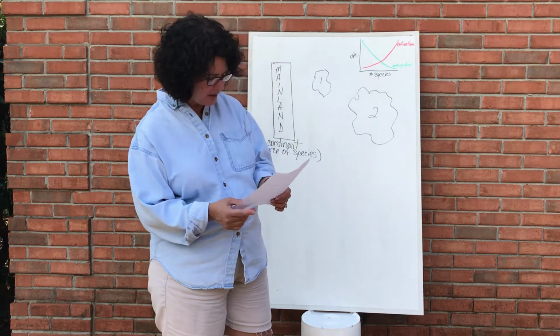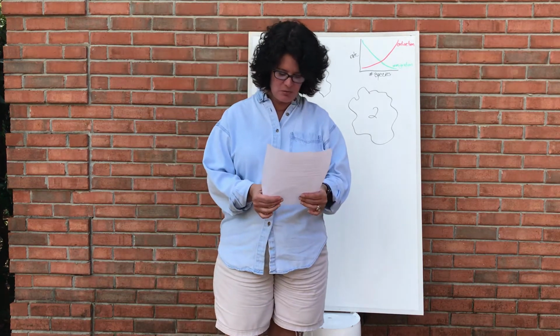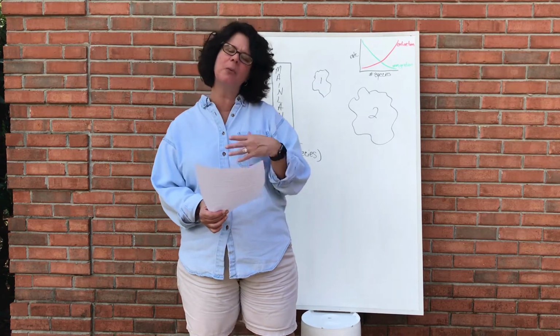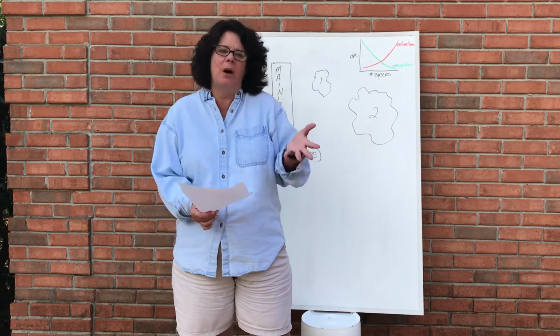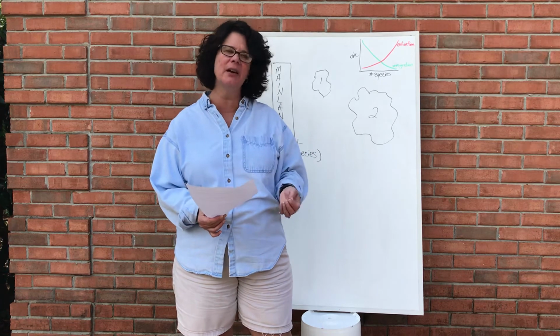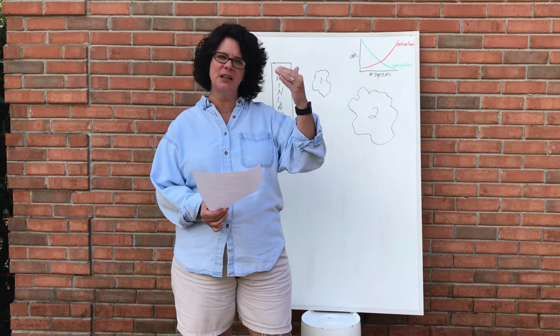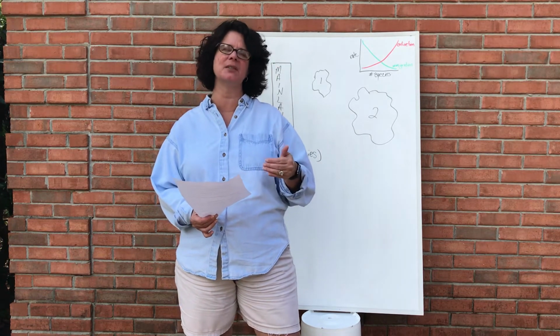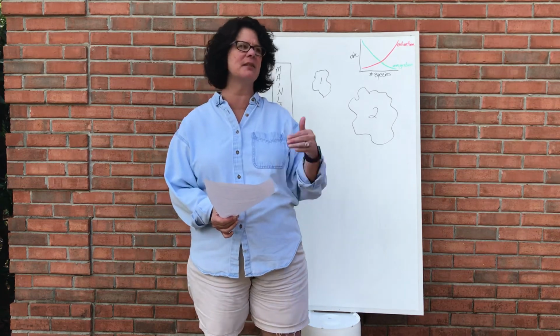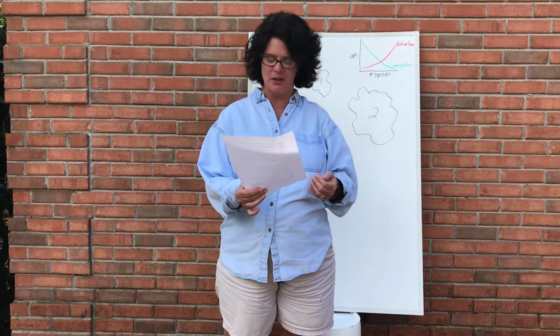Alrighty, so from there we go into another way to approach Hutchinson's question, why are there so many different species in an area? And that was looking at the latitudinal variation in species, where the number of species increases as you move closer to the equator.